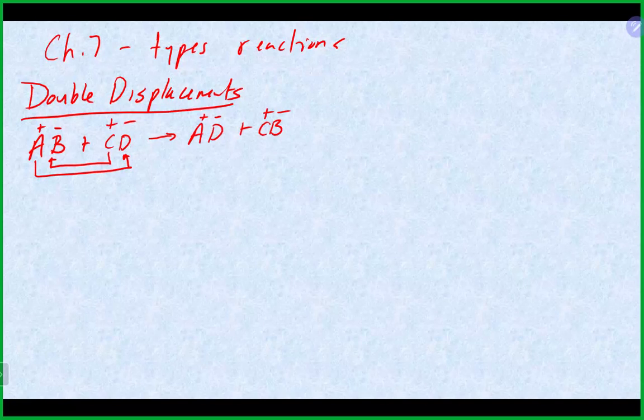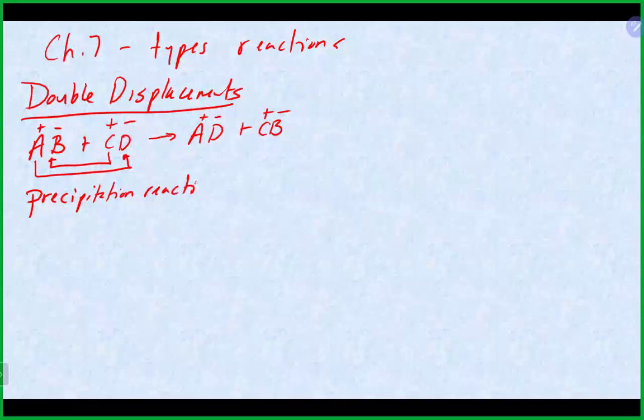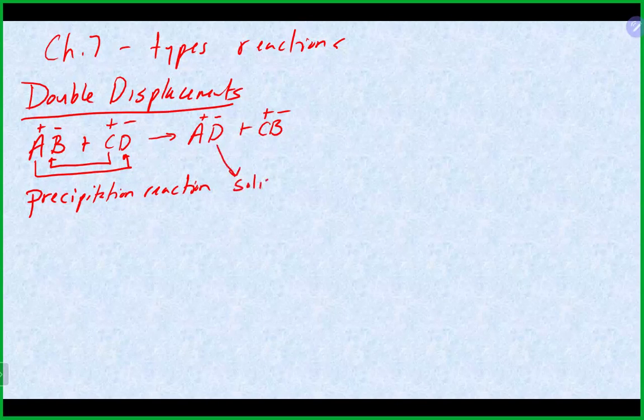The first is a more specific classification known as a precipitation reaction, which is a type of double displacement reaction. That's when one of these products makes a solid, a precipitate. That is more specifically called a precipitation reaction, even though it's basically a double displacement reaction.